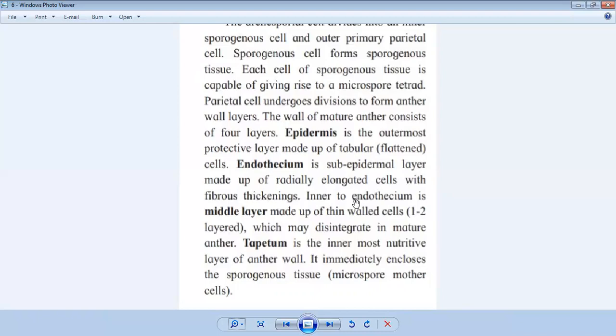Inner to the endothecium there is the middle layer, made up of thin-walled cells, 1 to 2 layered, which may disintegrate in the mature anther. The last and important layer is the tapetum, the innermost nutritive layer of the anther wall. It immediately encloses the sporogenous tissue, the microspore mother cells.